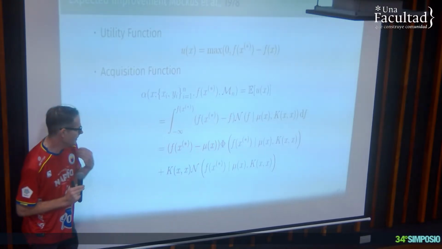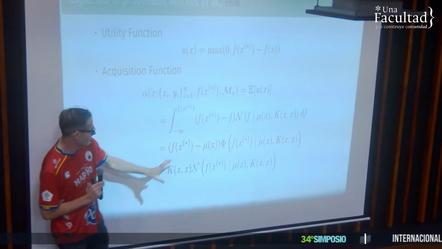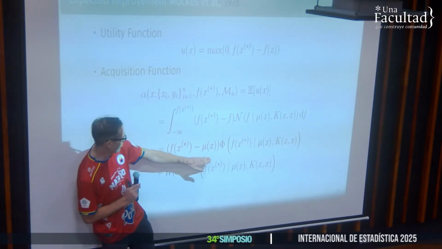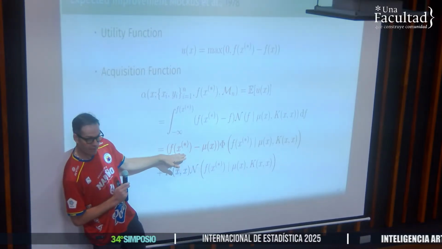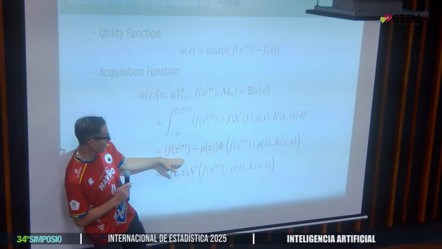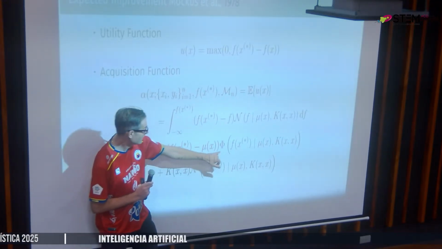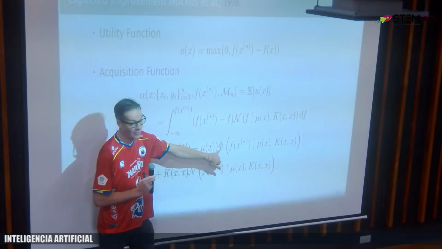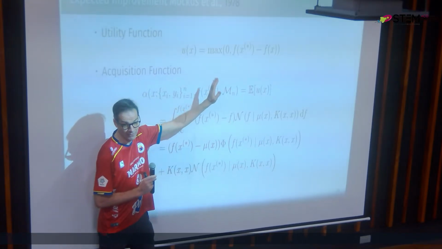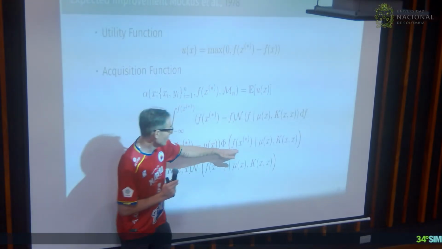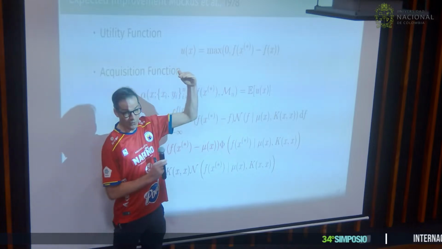That's going to lead me to a very, very simple structure of a function. Here, I got the mean minus the current best value. The current best value I have minus the mean times, and this here is the error function or the cumulative Gaussian, right? So it's just looking at the cumulative Gaussian up to where I currently am.